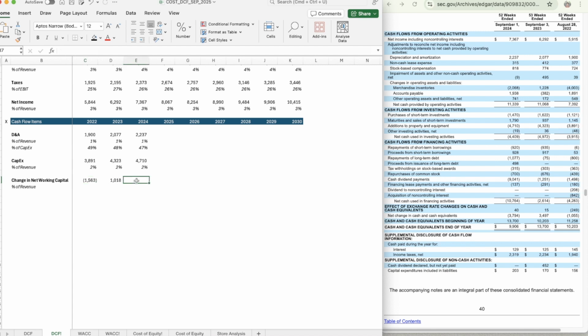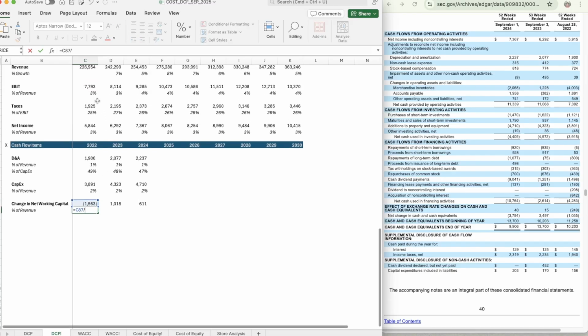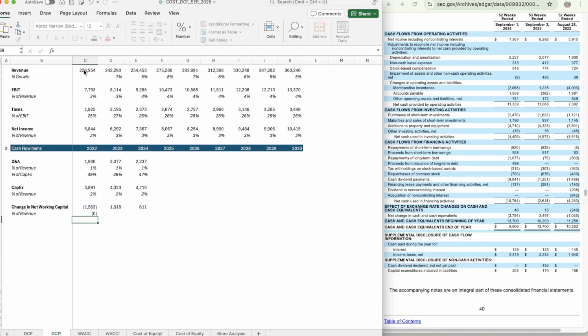Then we have 2024 equals minus 2068 plus 1938 plus 741. And then we get this as the percentage of revenue. In these cases, I think it will be significant.